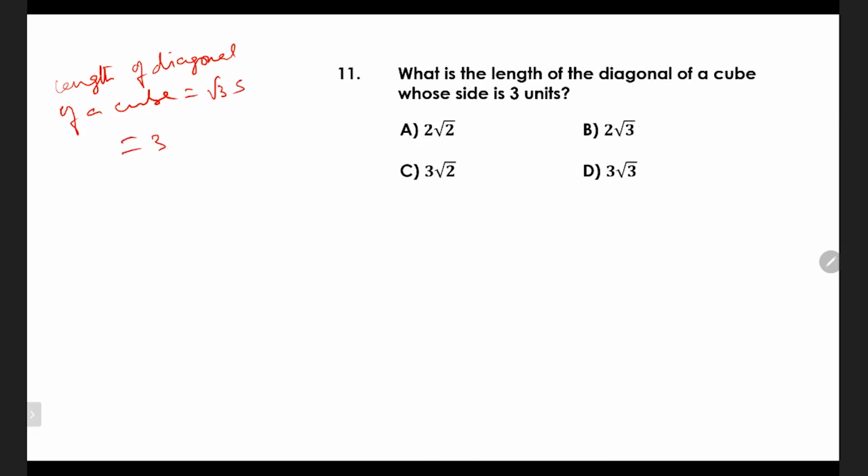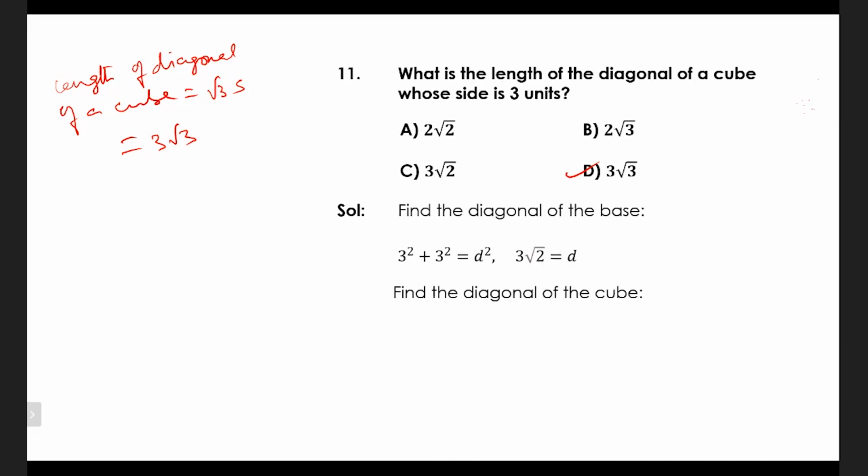So this is root 3 into 3, which is 3 root 3. So option D. Please note it. Quick.